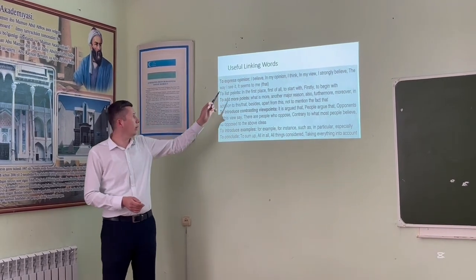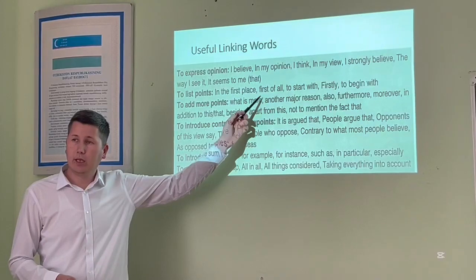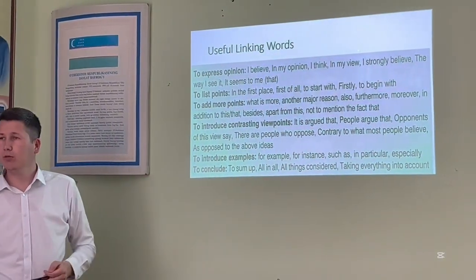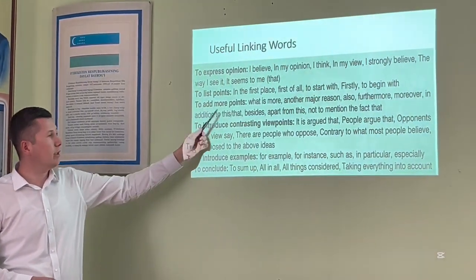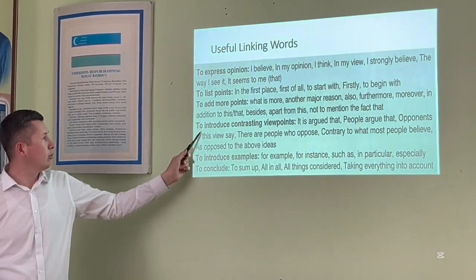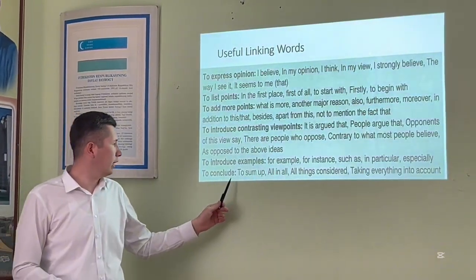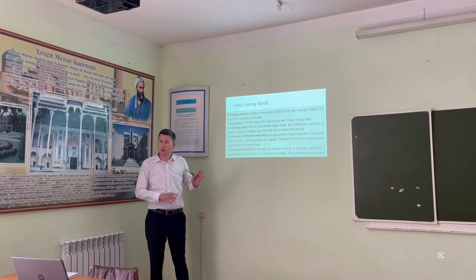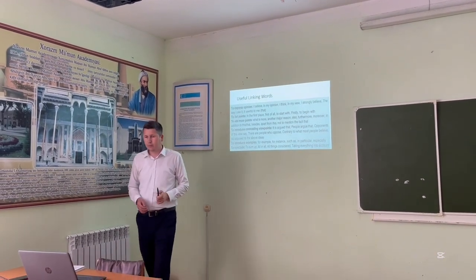For example, to express opinion, you may use these expressions: I believe, in my opinion, I think, in my view, and others. To list points, to add more points, to introduce contrasting viewpoints, and to conclude, you may use these kinds of expressions, words.